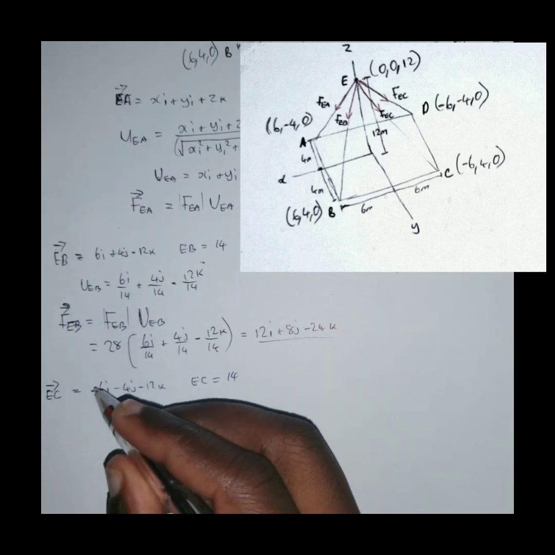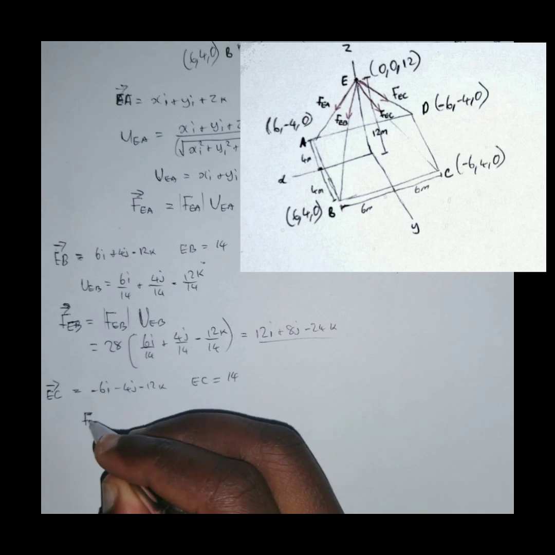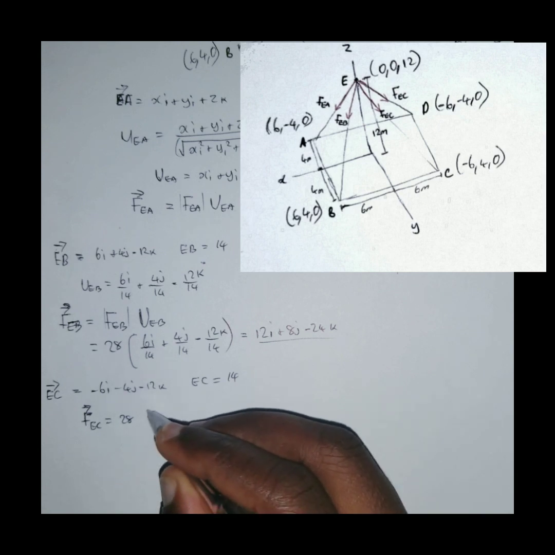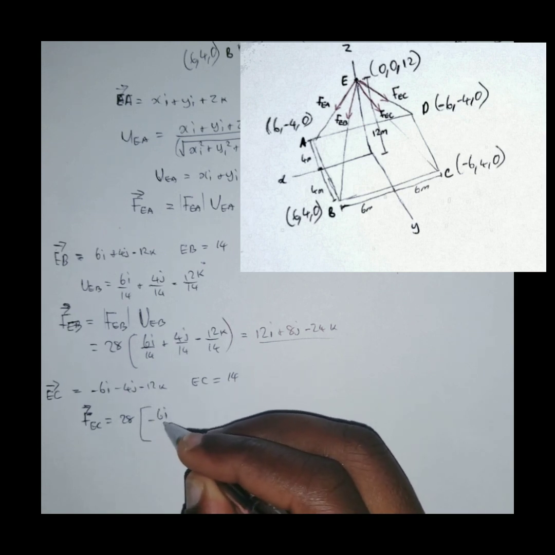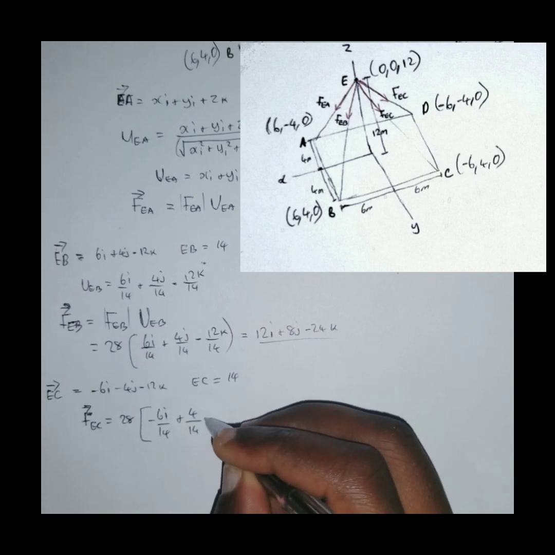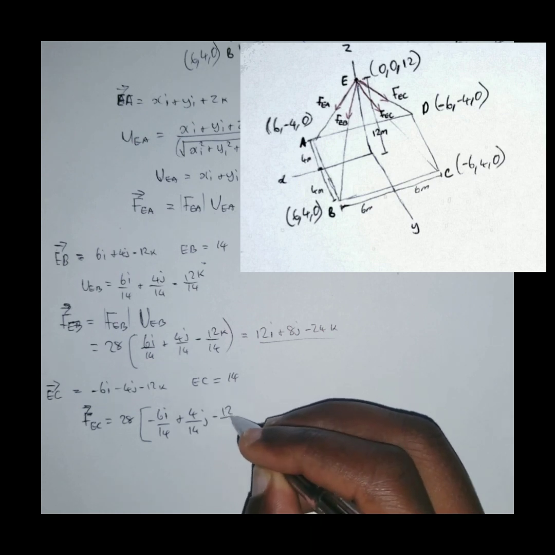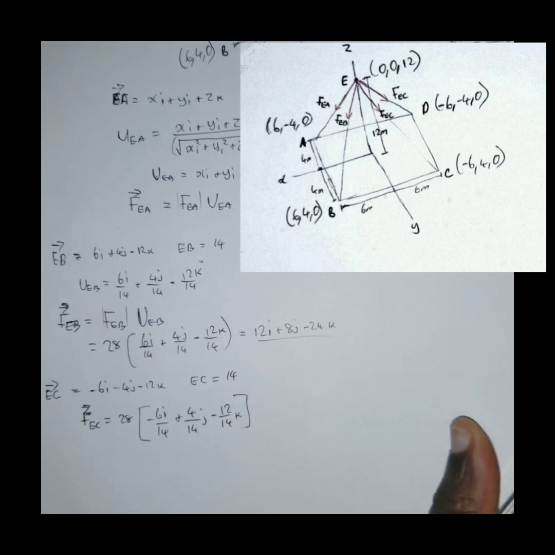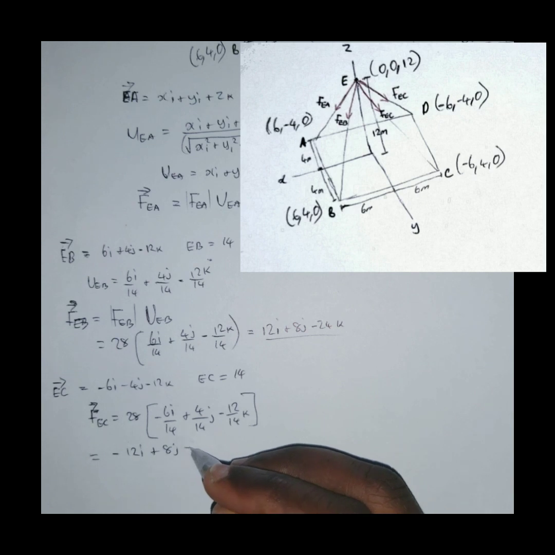Then our FEC would be equal to 28. You find that the unit vector will simply be negative 6i over 14 plus 4 over 14j minus 12 over 14k, and this works out as negative 12i plus 8j minus 24k.